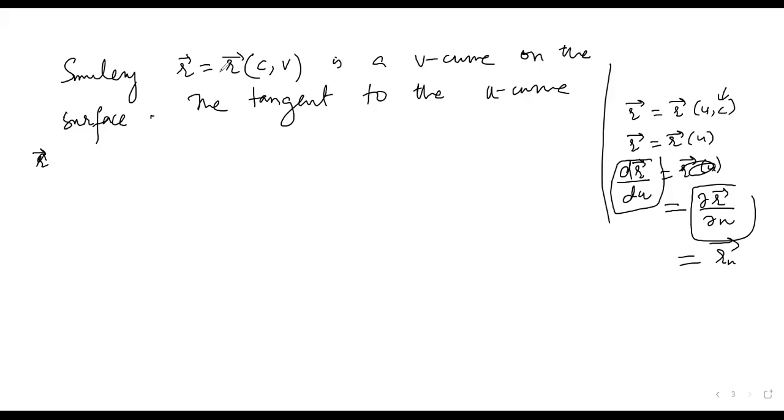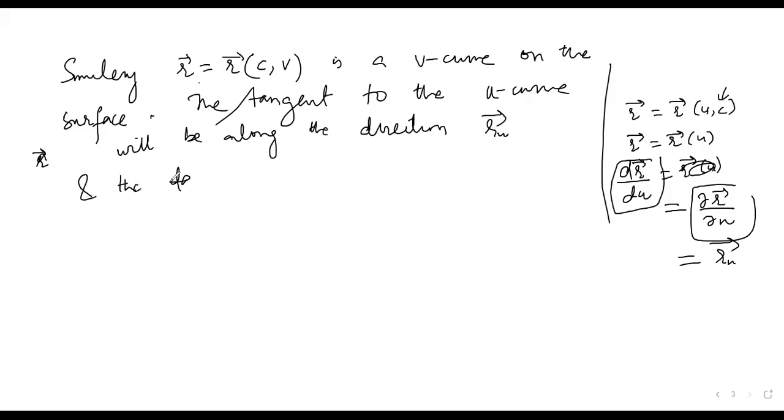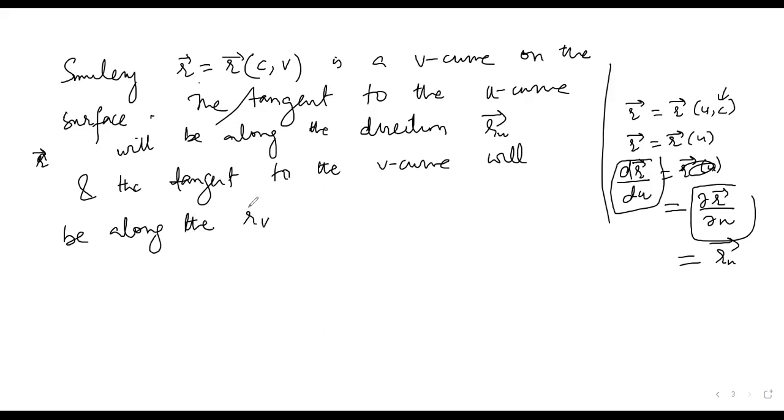So the tangent to the u curve will be along the direction r sub u, and the tangent to the v curve will be along the partial derivative r sub v, because there u is constant and here v is constant, right?